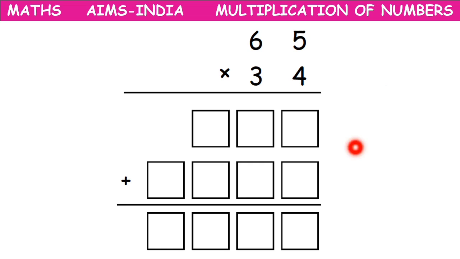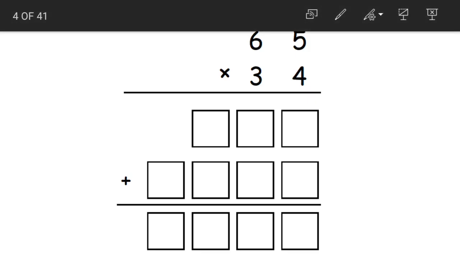Now moving to how to multiply these 2-digit numbers. I know that you have already done multiplication of 2-digit numbers in your previous standard, but let us revise. Now see, what are we doing? We have ones and tens in the multiplicand. First, what should we do? We should multiply with the ones. 4 5s are 20.